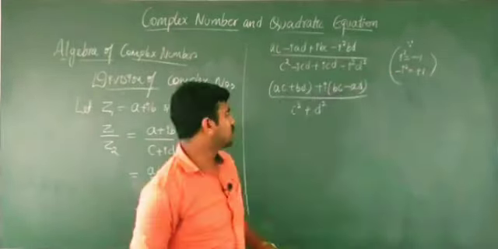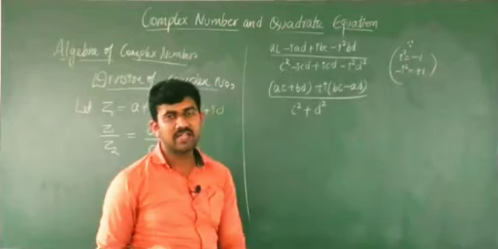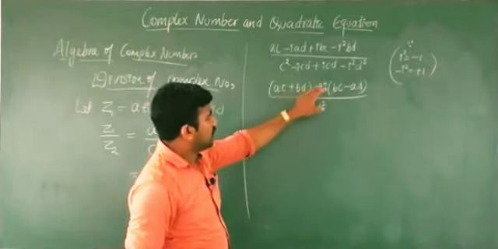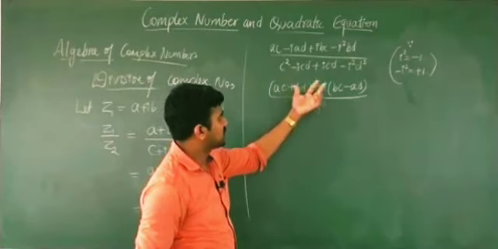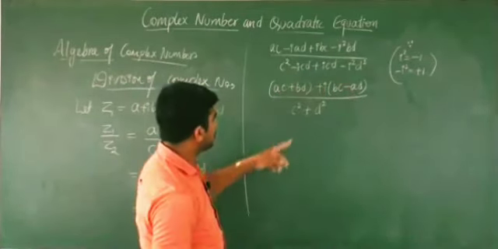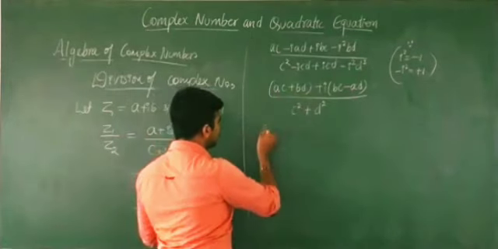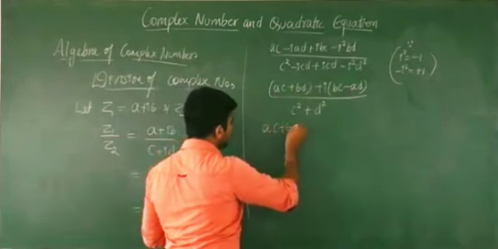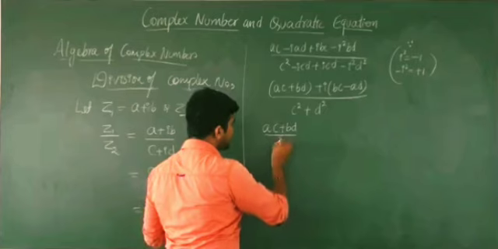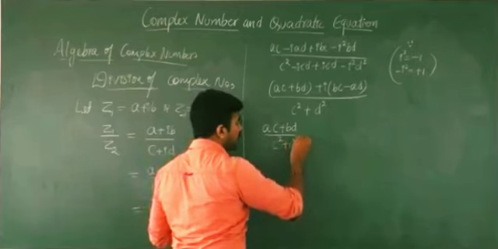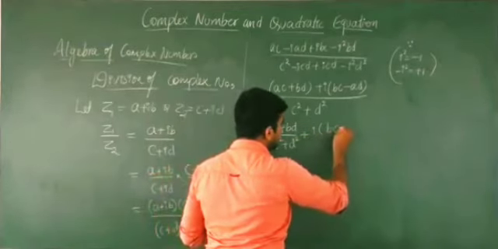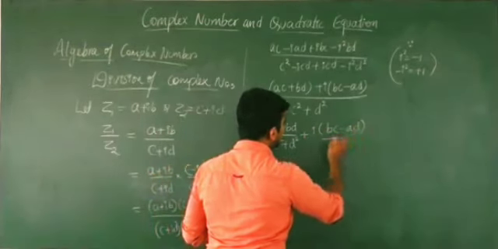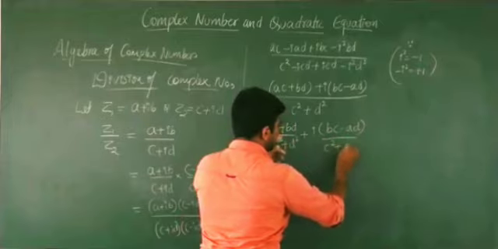So like this you have to divide two complex numbers. After that, make separate terms. Here c square plus d square is common to the first and second term, so you can write this as ac plus bd divided by c square plus d square, plus i into bc minus ad divided by c square plus d square.